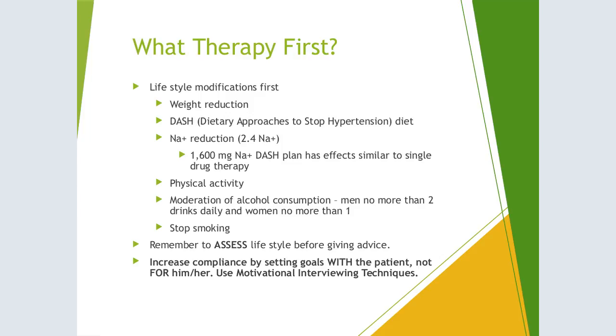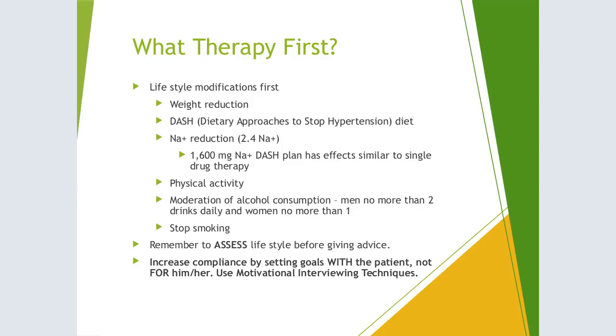The 1,600 milligram sodium DASH diet has effects similar to single drug therapy. So you can put them on a diuretic, or make them take a pill every day, or you can have them follow the 1,600 milligram sodium DASH diet, and they'll get the same effects because they're very similar according to studies.